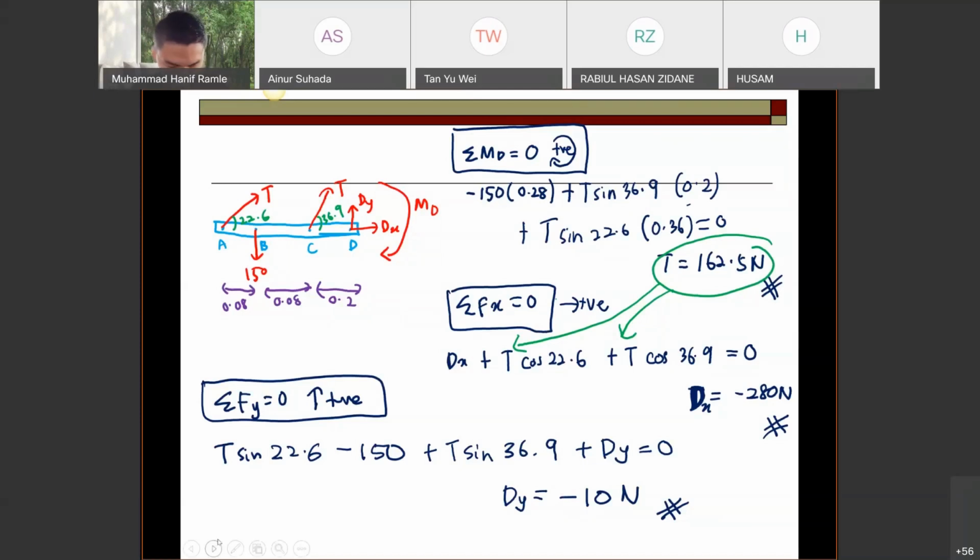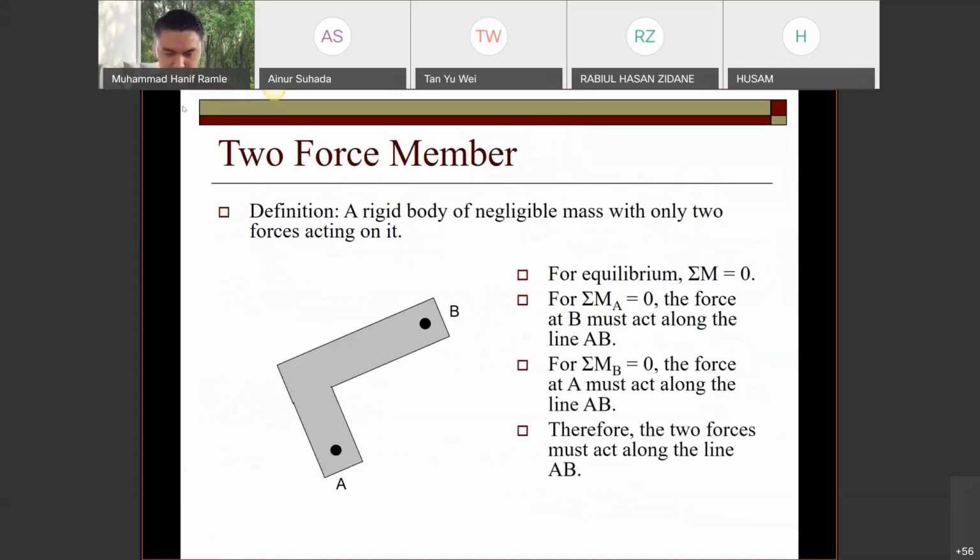So let me continue to this lecture, which we call two force member. Why you need to learn this is because in some cases you have to introduce some forces. The first reason is the complexity.